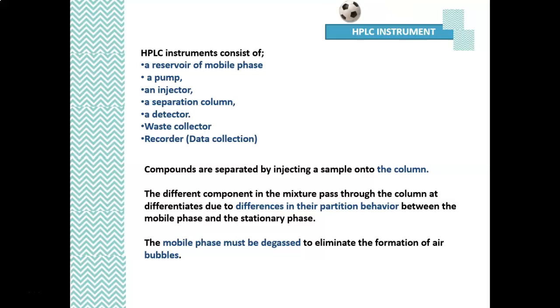Like I explained in our previous lecture, the concept is the same, whereby if the stationary phase is polar and the compound to be separated is composed of polar and non-polar, then when the separation occurs, because the stationary phase is polar, the non-polar compound will elute first.